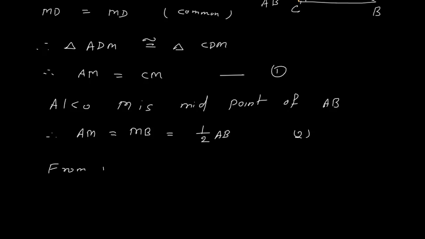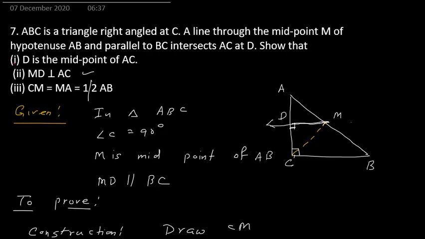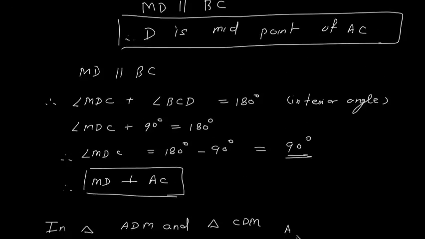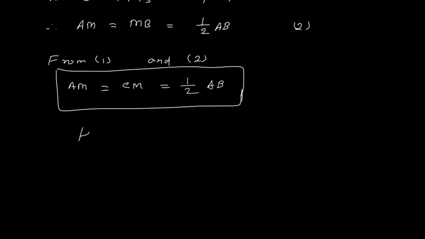So from 1 and 2 we can say that AM is equal to CM is equal to MB is equal to half of AB. So this third part also we have proved. CM is equal to MA. Okay, MB we do not have to write, there is no space for this MB. We can directly say that AM is equal to CM is equal to half of AB. Okay, done. So last statement, hence proved.